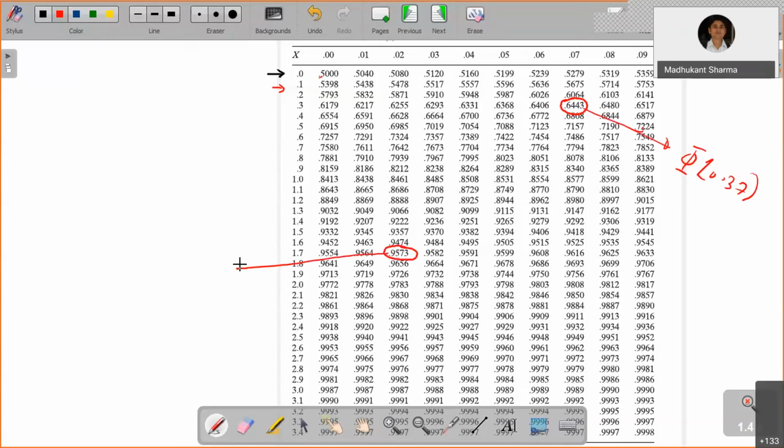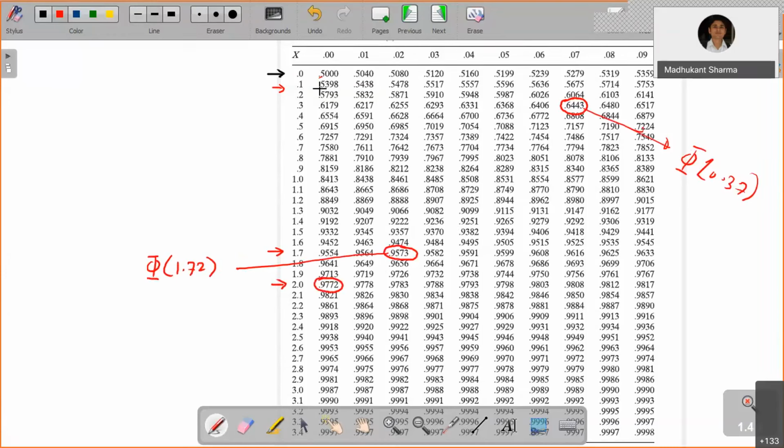It corresponds to 1.7 plus this 0.0, so it is going to correspond to phi of 1.7, and so on. What I'm interested in is phi at 2. So phi at 2 is going to be this 0.9772.